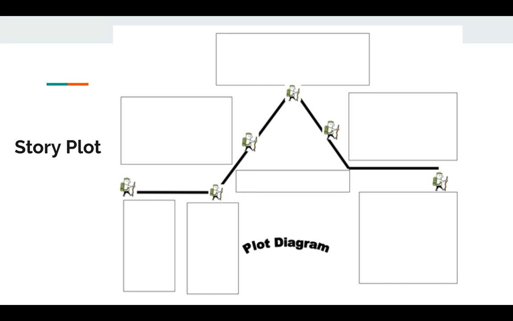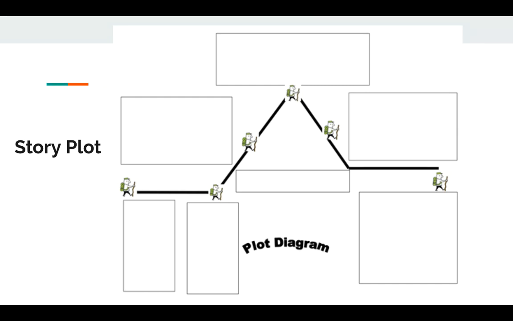Think of my expo marker. Hopefully you were able to come up with exposition. The exposition is where they're telling us the setting of the story. Where is the story taking place? And who are the main characters?